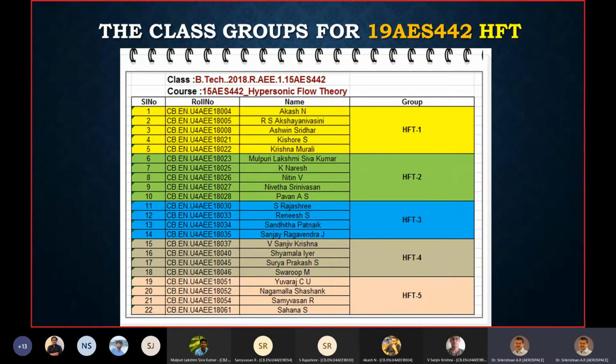I see 22 students as of today, when I took it. So I just grouped them. In fact, the first two teams have 5 members and the next ones have 4 each, because it's 22, so I accommodated 2 extra people in the first 2 teams. Otherwise, it's 4, 4. The first 2 teams have 5 people each.